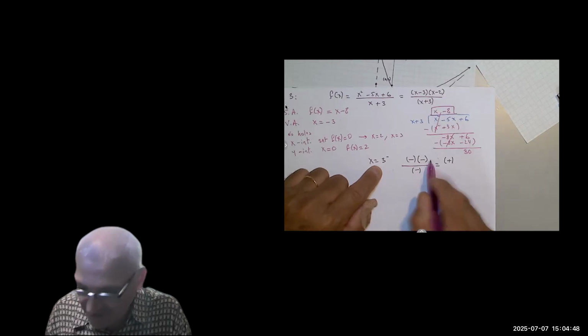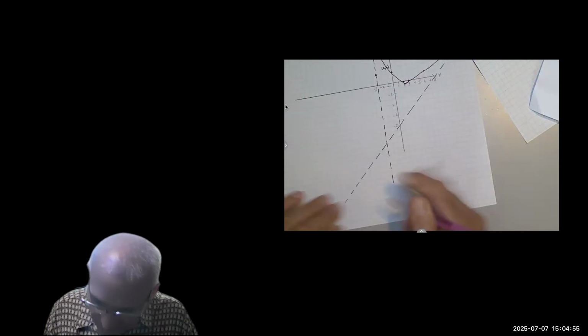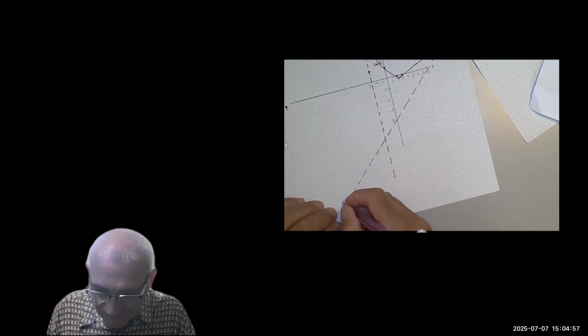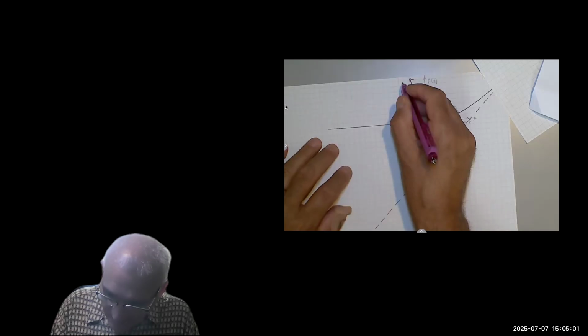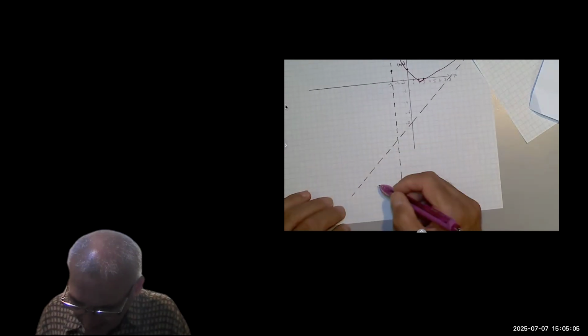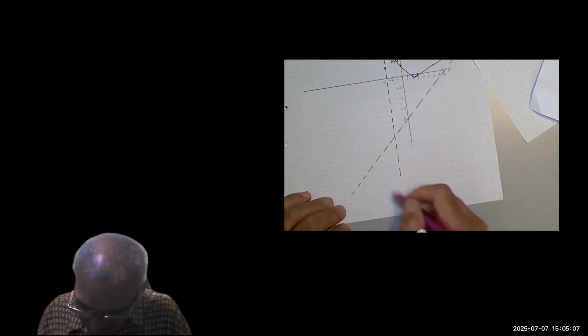Which means the numerator is positive, negative times negative is positive, and the denominator is negative, so positive over negative is negative, meaning I'm going down here. Oh, I'm sorry, it's going down here.